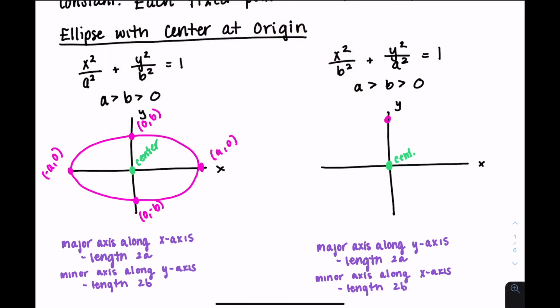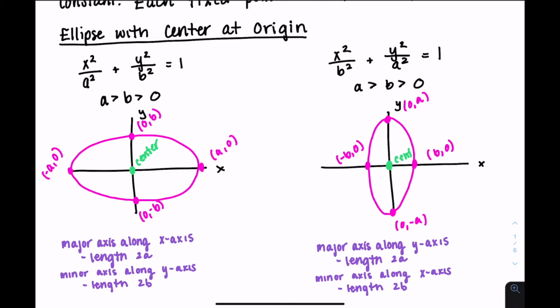You're going to go up and down the same distance. So this vertex will be (0, a), this vertex will be (0, negative a). And I don't go as far out in the x direction because that's my smaller one. You go out a distance of b in each direction. And that is going to be our ellipse.